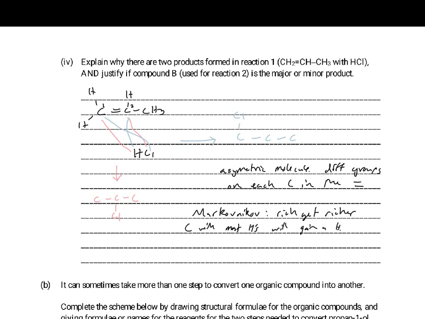So if we label our carbons, carbon 1, carbon 2, carbon 3, carbon 1 has 2 H's, while carbon 2 only has 1 H. Okay, therefore, carbon 1, because it's got more hydrogens, will generally gain the H. So the Cl will go to carbon 2, and that makes 2-chloropropane the major, therefore 1-chloropropane is the minor.